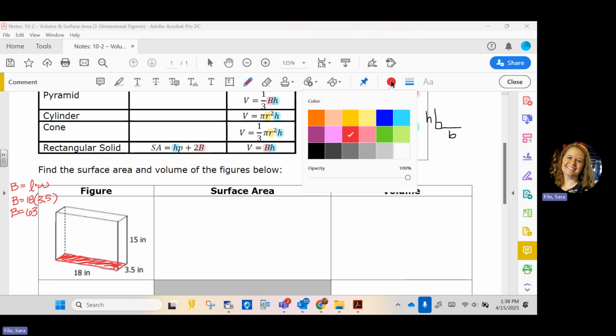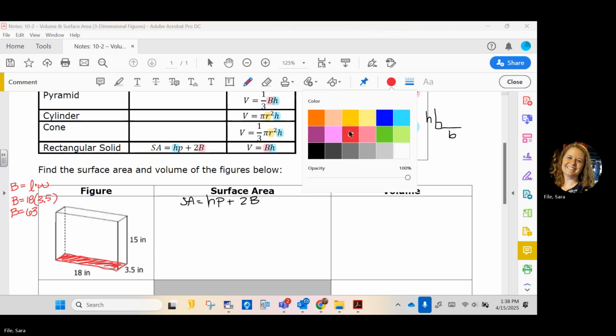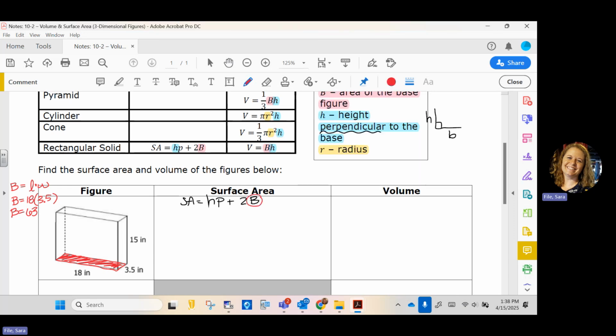Okay, I'm gonna go ahead and jot these formulas over here again. Remember, surface area is the height times the perimeter of the base plus 2 times the area of the base. So that big B value is going to be 63.